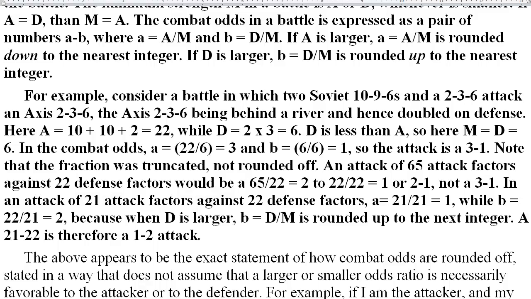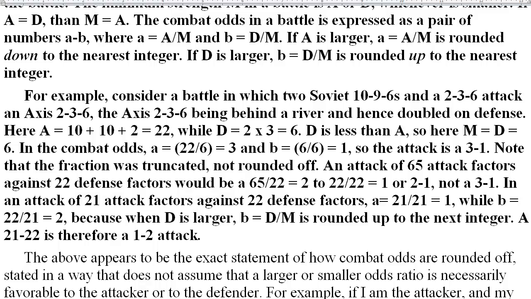D is less than A, so M equals D equals 6. The combat odds are 22/6, which is 3, because it's truncated. This is not a round off that happens to give a 3. 22 over 6 is rounded down, truncated to 3. D over M is 6 over 6, or 1. So the odds are 3 to 1.